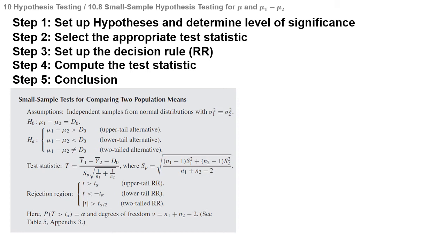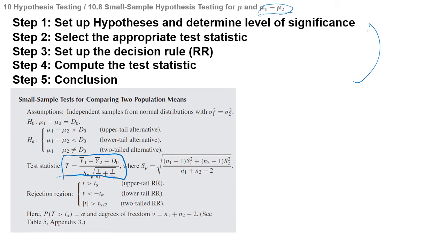And again, if you are not familiar with hypothesis testing, remember these steps. Step 1, set up hypothesis and determine the level of significance. Step 2, select the appropriate test statistic. In this case, you are interested in comparing two population distributions, so we are going to use the t distribution.